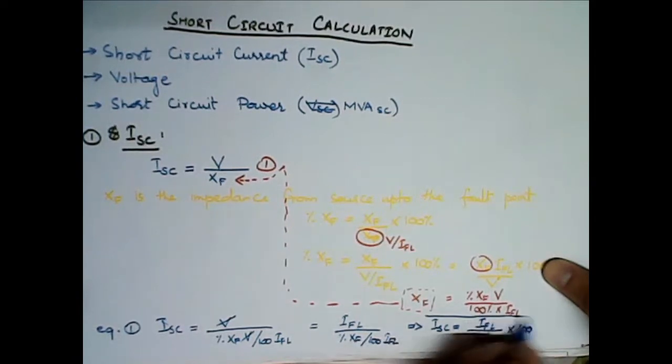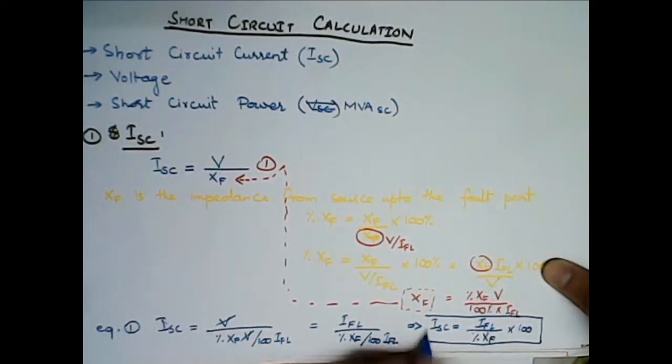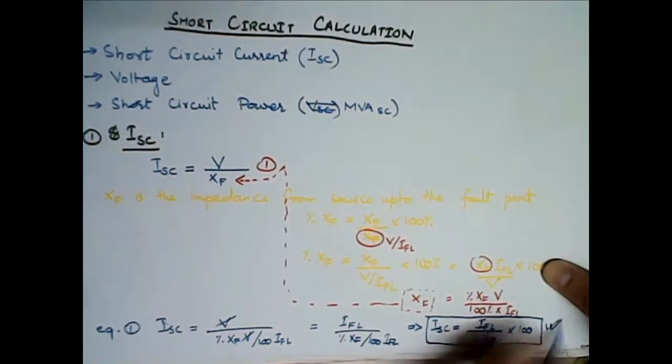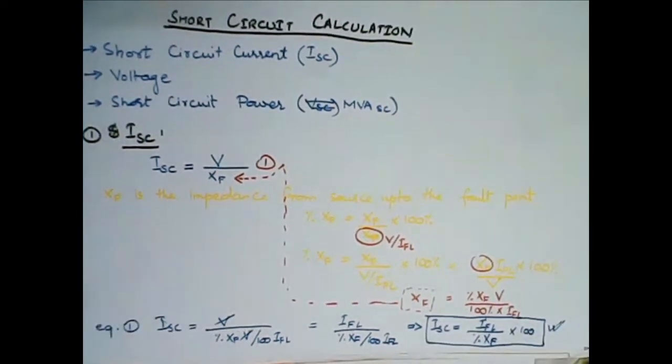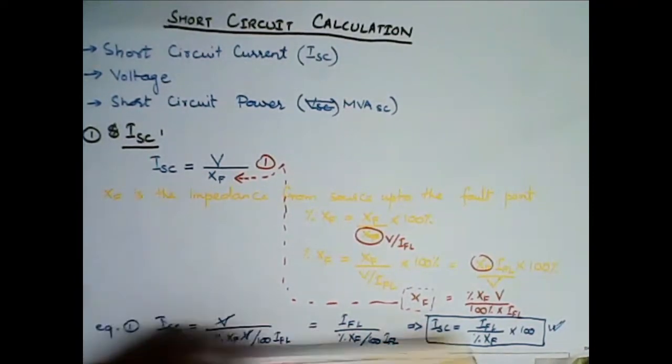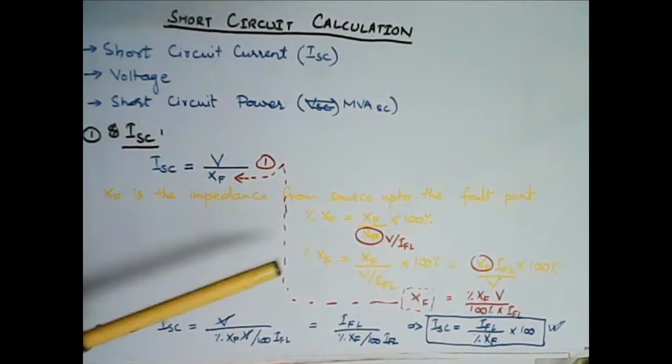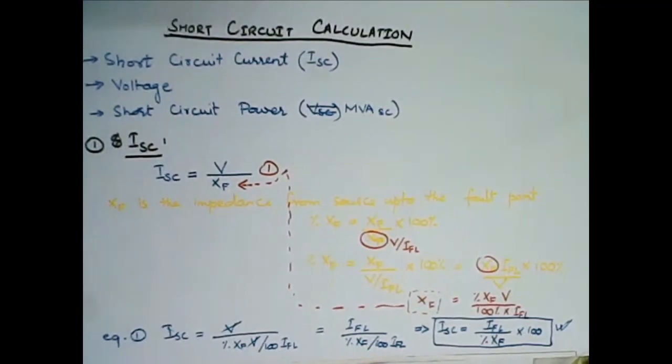So this is basically the final expression for short circuit current, and always remember that in this expression we have not included the fault resistance. Basically this expression is in the form of reactance, given that it is derived considering that the resistance in the system is negligible.